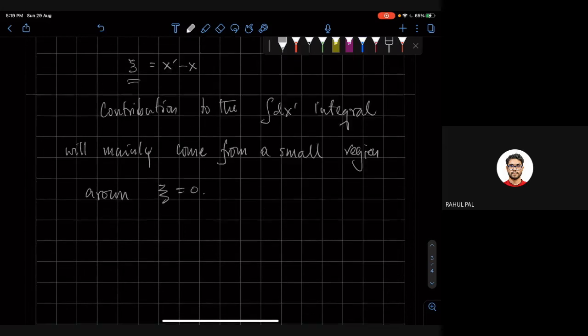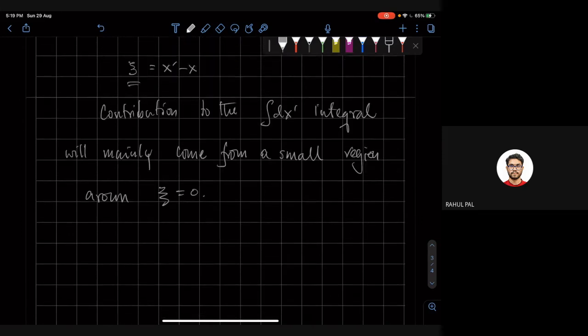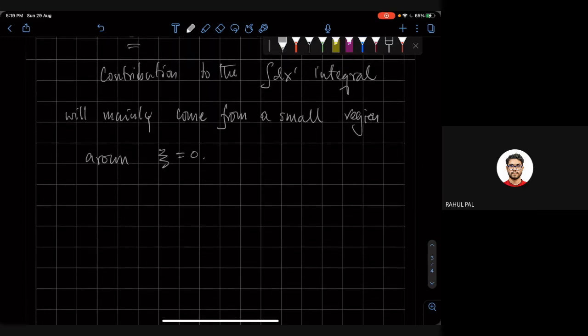So if I do this, then the right-hand side of this equation just becomes, now instead of dx prime, the integral, I can change the variable and do the integral over psi. And then I have my prefactor, which I'm not going to change.